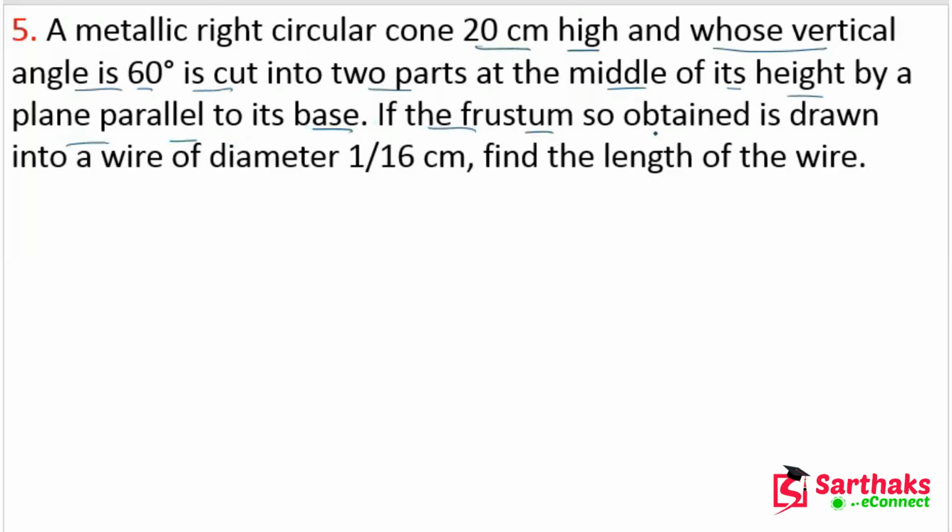If the frustum so obtained is drawn into a wire of diameter 1/16 centimeter, find the length of the wire. So my dear friends, we have a right circular cone of 20 centimeter height and whose vertical angle is 60 degree.